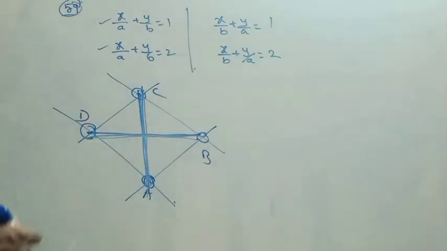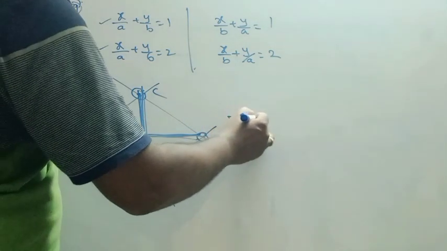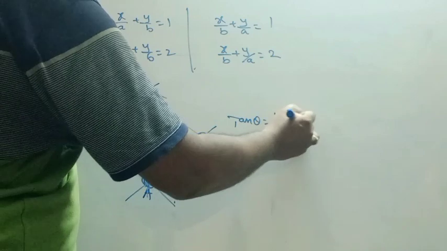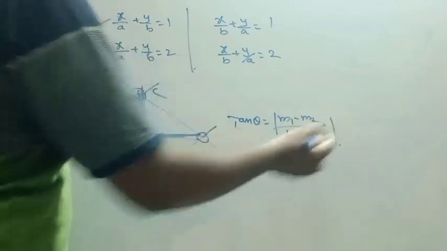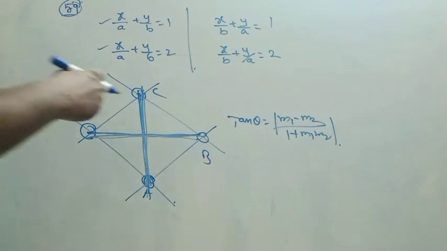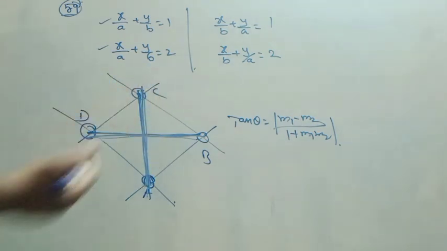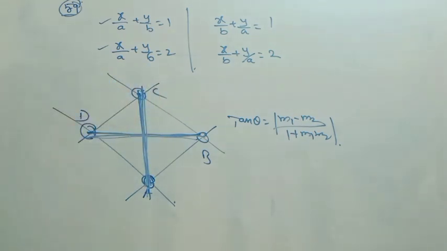And use the formula tan theta is equal to modulus of (m1 minus m2) by (1 plus m1 m2). This is the formula to find the angle between the two diagonals of this quadrilateral, whatever it is forming.